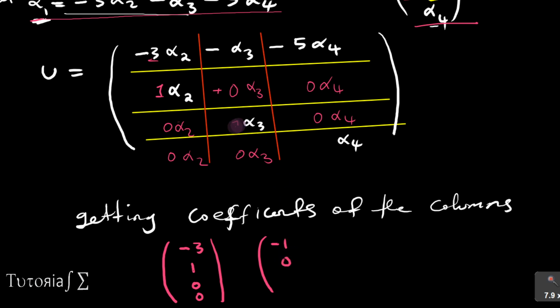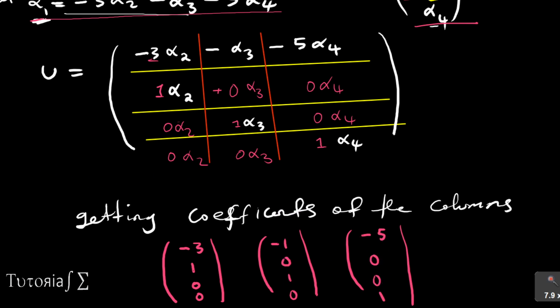The coefficient here is 1, 0, so that is the second vector. And the third vector is negative 5, negative 5, 0, 0, and the coefficient here is 1, so 1, like that. Okay, so we have 1, 2, 3, 4, 1, 2, 3, 4, 1, 2, 3, 4.